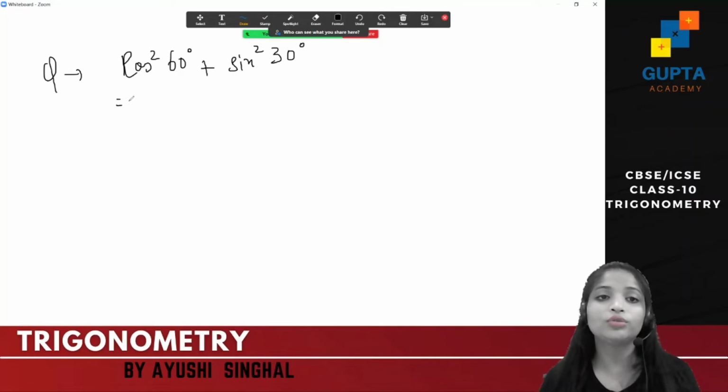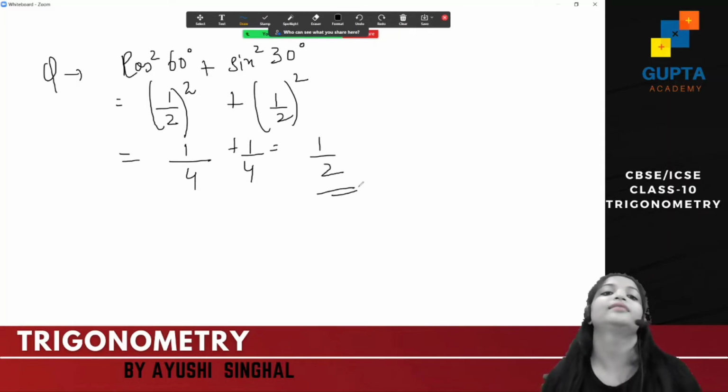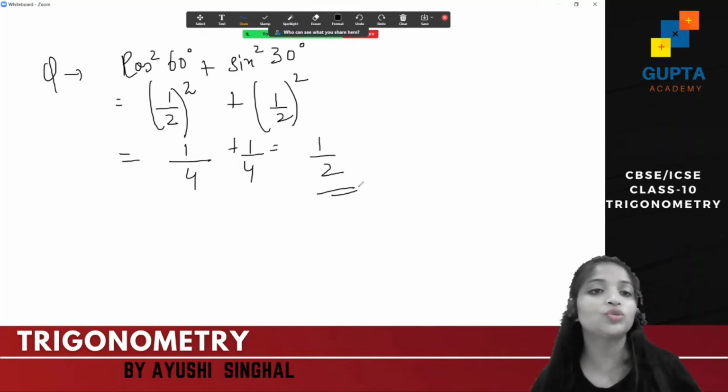What you know, cos 60 is 1 by 2, but since it's square, don't forget you need to square it like this. Again square, you need to square it like this. So it will be 1 by 4 plus 1 by 4. So it's nothing but 1 by 2 only. Right? So this is the second type of question which you will get.